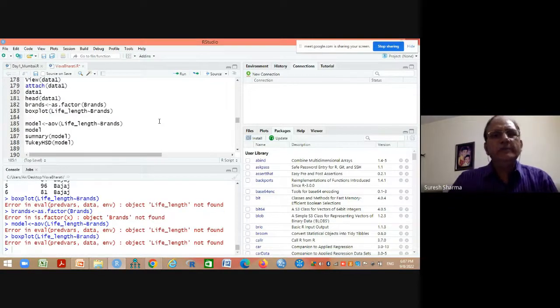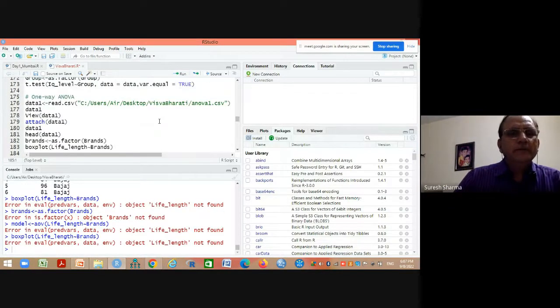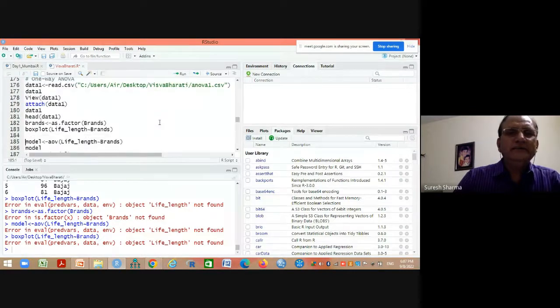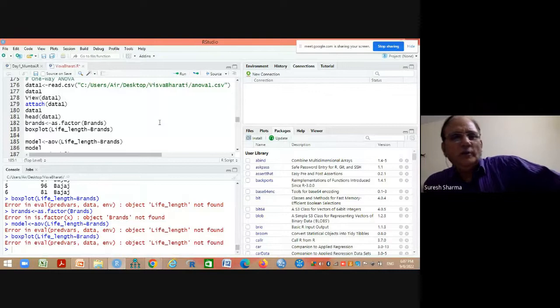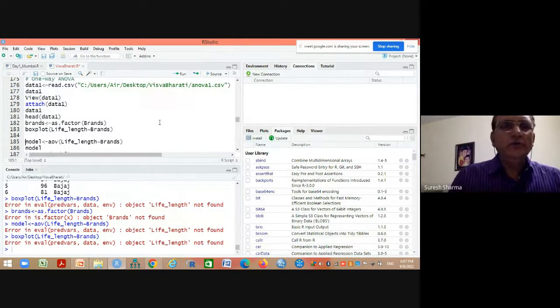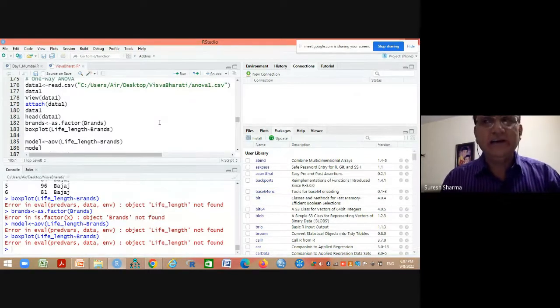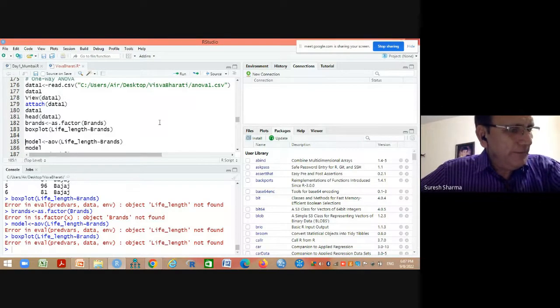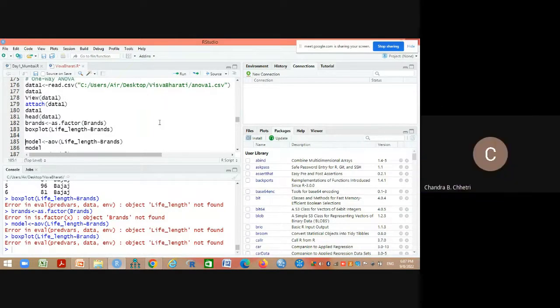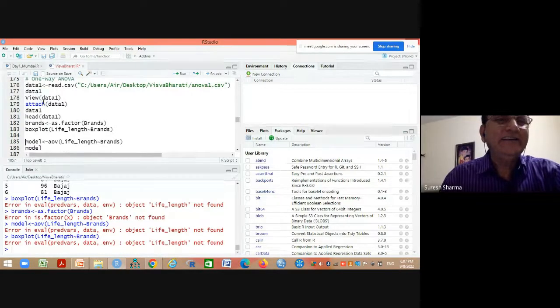Now, can you tell me where the problem is? I am able to recognize where the problem is. Anybody? Why is it giving an error? If you remember, yesterday I told you that if I don't attach the data, then individual values are not available. In the box plot, I didn't attach the data.